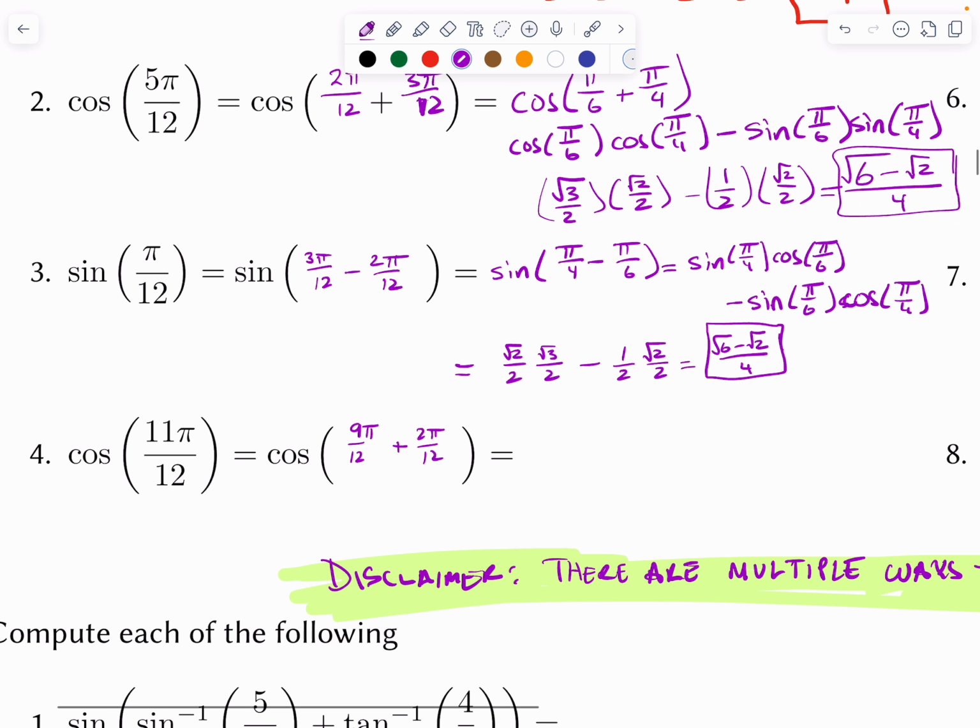But I'm going to use that. So this is going to be the cosine of 3 pi over 4 times the cosine of pi over 6 minus the sine of 3 pi over 4 times the sine of pi over 6.